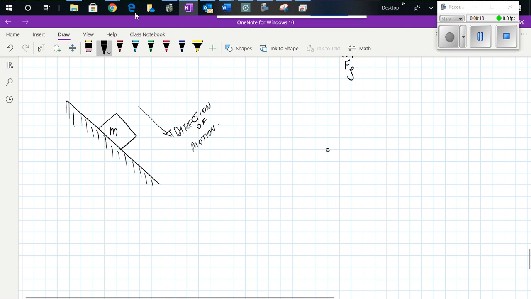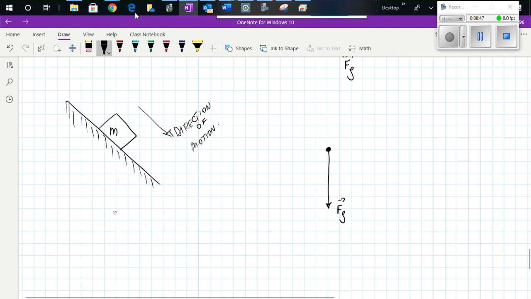Now let's start by drawing the free body diagram. We'll start by replacing the object of interest, which is the object with mass m, with a dot. And then we start with the universal force of gravity. Even though we are on an incline in this situation, the force of gravity still starts from the object going toward the center of the earth.